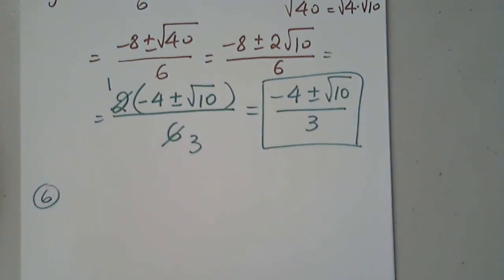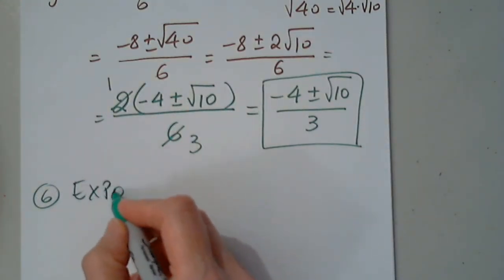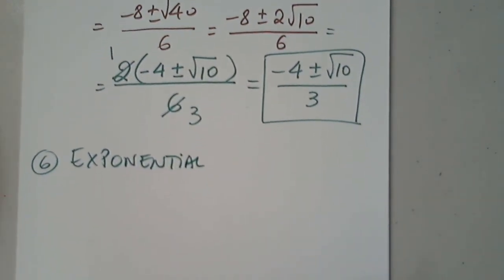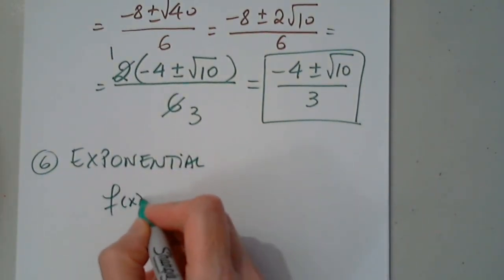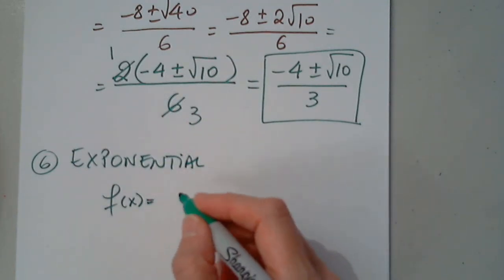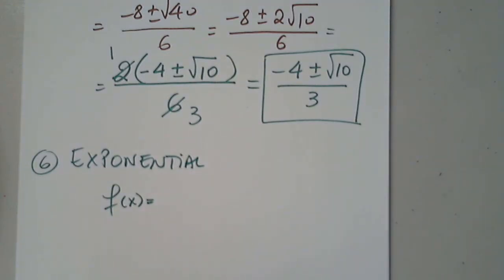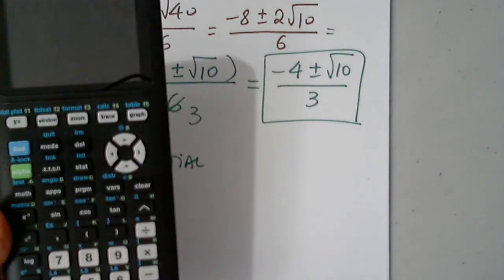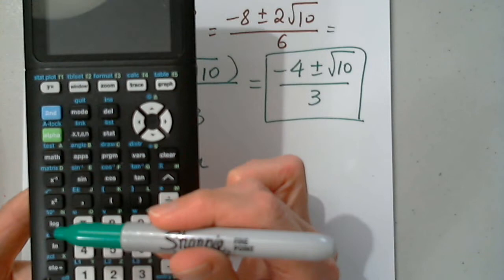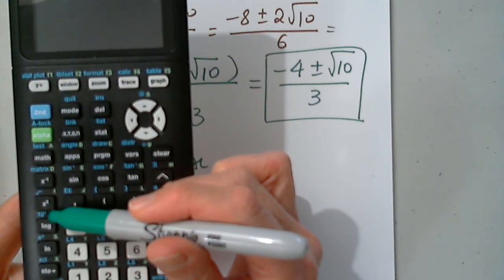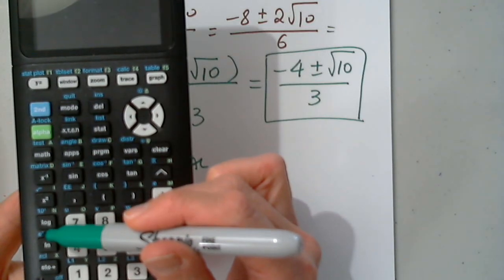So 6, there was 5, right? 5, yes. 5 and 6, okay. Exponential. The exponential function, the simplest possible exponential function, will be like what we have in the calculator. In the calculator, we have 2 exponential functions. One is 10 to the x, and the other one is e to the x.